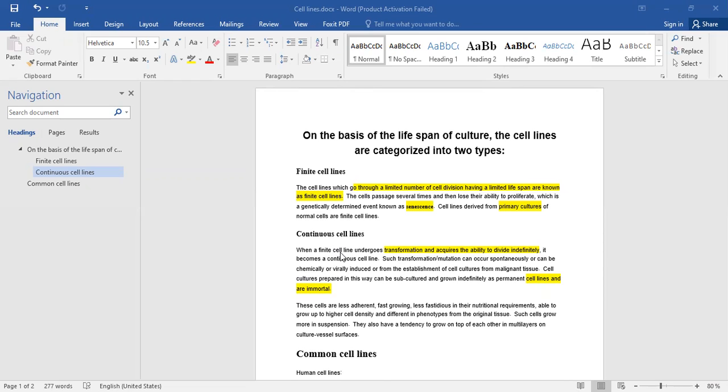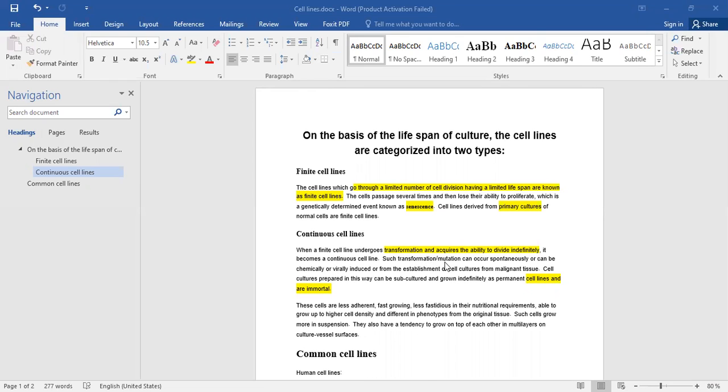When these finite cell lines get transformed, they develop into the continuous cell lines, and these continuous cell lines have the capability to divide indefinitely. They will divide continuously, and this transformation can be called a mutation in the finite cell lines, which will develop into the continuous cell lines.